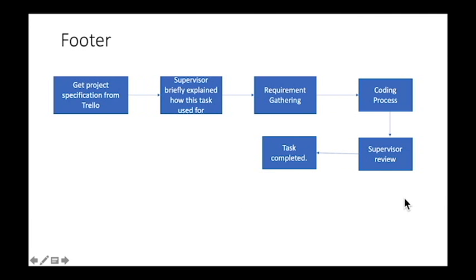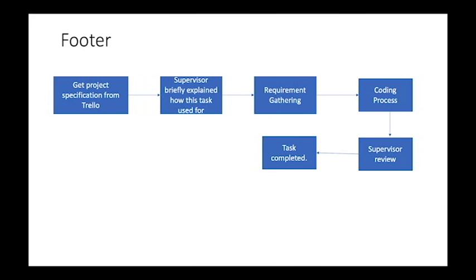My next task is to create a footer for the RewardsLink webpage. First, I get the project specification from the supervisor like always, and the supervisor tells me what I should put in the footer. After that, I will go online and search for other similar resources like Lazada's footer or Shopee's footer.